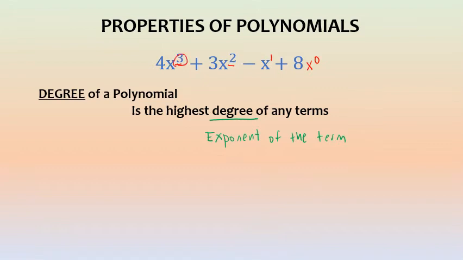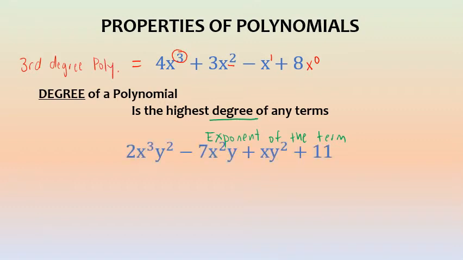So among these exponents, our highest exponent is 3. Therefore, the degree of this polynomial is 3. Or we can say this is a third degree polynomial. Okay?